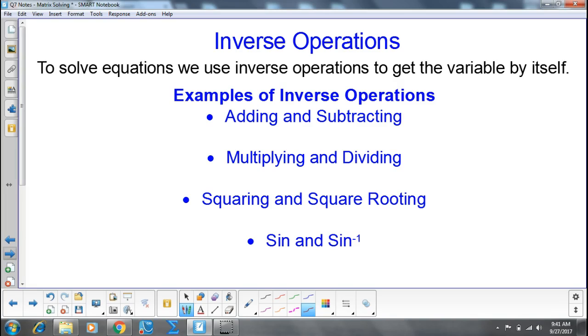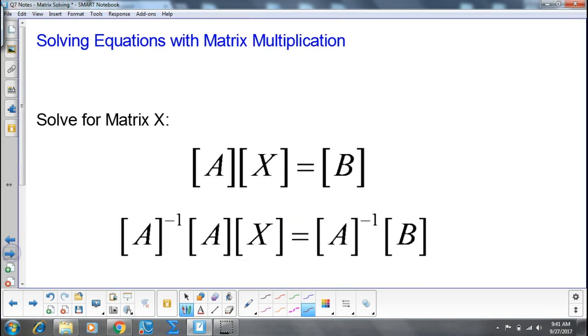When you're multiplying and dividing, those are inverse operations. Squaring and square rooting, inverse operations. Later on, we're going to get into some trig where you're going to take the sine and the inverse sine. And those are inverse operations. Today, we're going to do some matrix inverse operations.